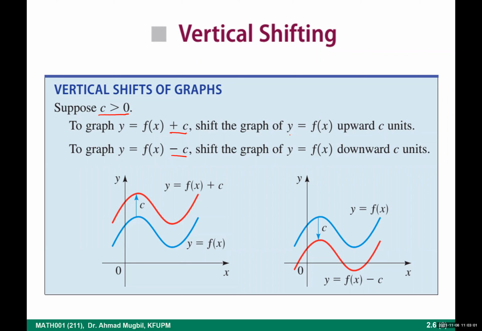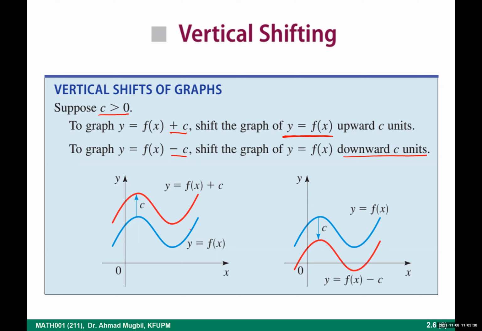If you have this graph, y equals f of x, and you add to the function plus c, so you are adding to the whole graph c, then it will shift it up because c is positive. Of course, if it is negative, it will shift it down. And if you subtract a positive number from all the values of y, all the y values will be reduced by that amount.